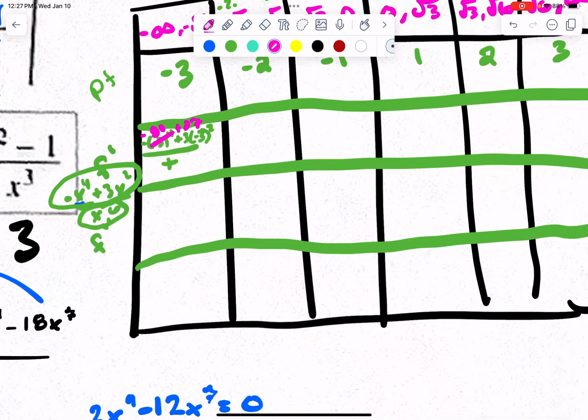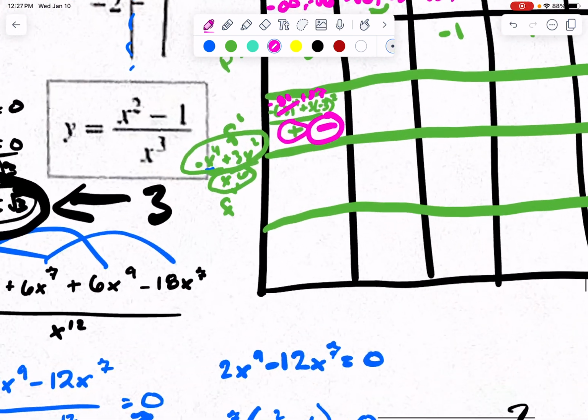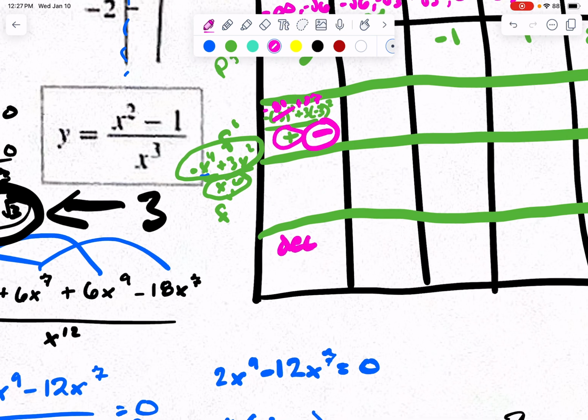Negative 3 squared is 9, times 3 is 27. So negative 81 plus 27 is a negative number over a positive number, so we're going to end up with negative. So it is decreasing at that point.